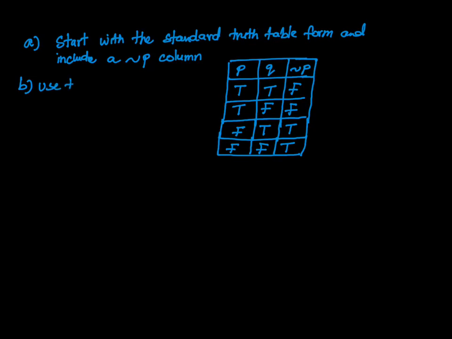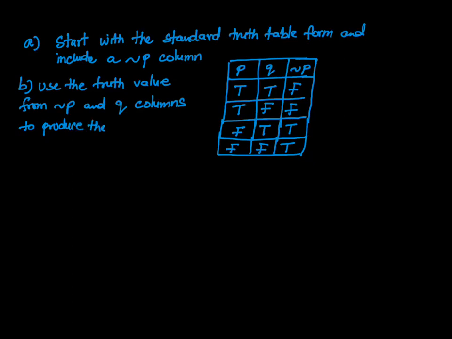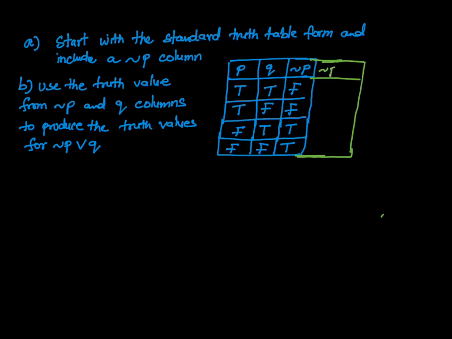Okay. So once we are done with that, we're going to go to the next step. If you see our symbol, we're going to use the truth value that we got for not P, and then we're going to find the truth value of Q, and then we're going to combine those two columns to produce another column, and we're going to write the truth value of not P or Q. That means you're doing the disjunction of the last two columns, so because it's a disjunction, if one of them is true, it's going to be true.